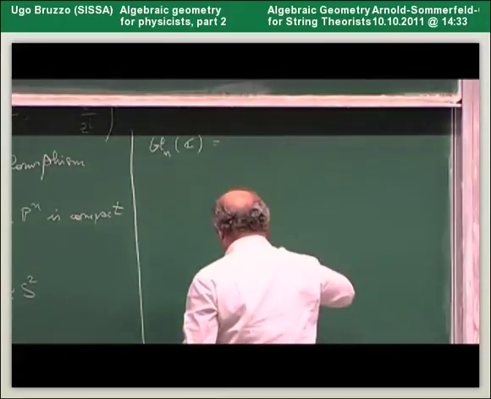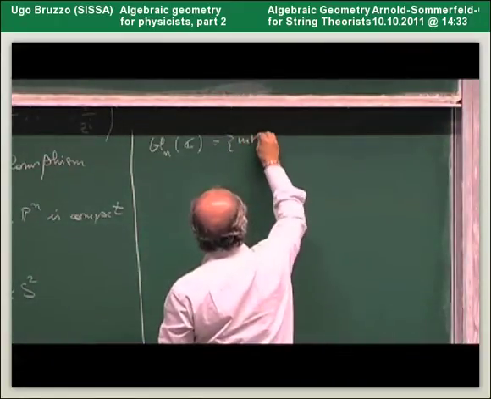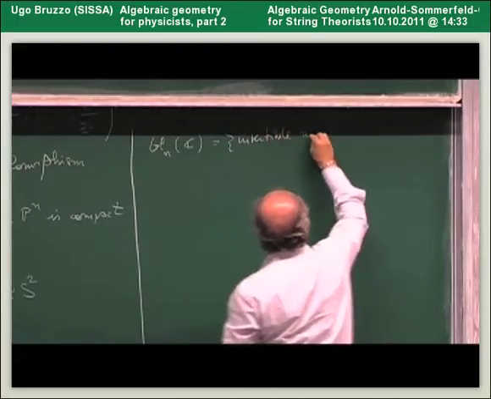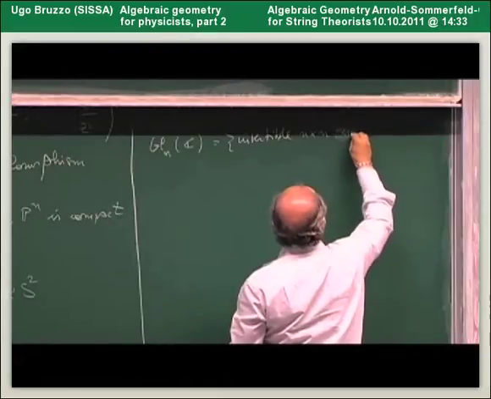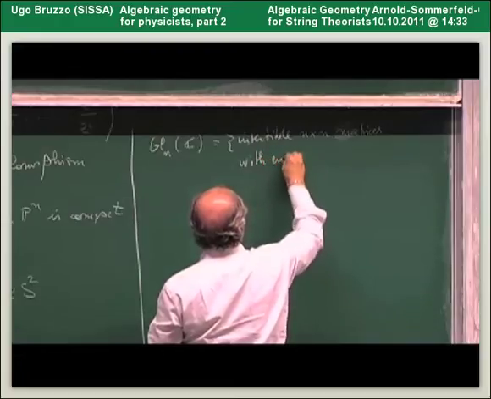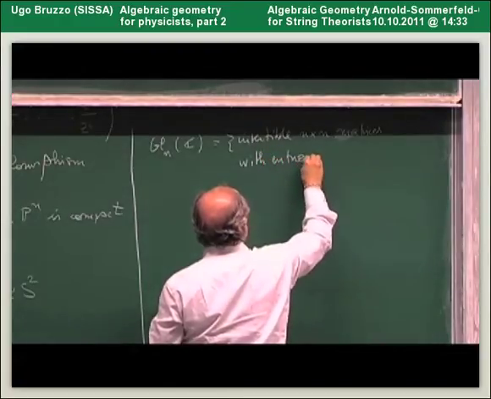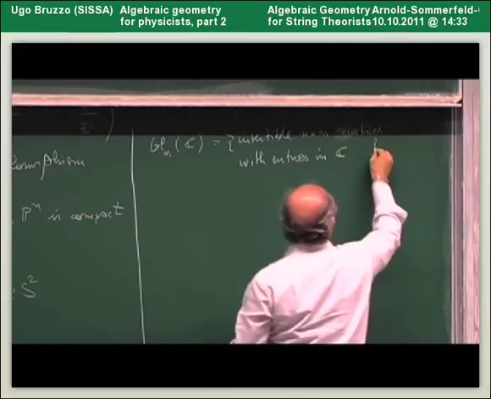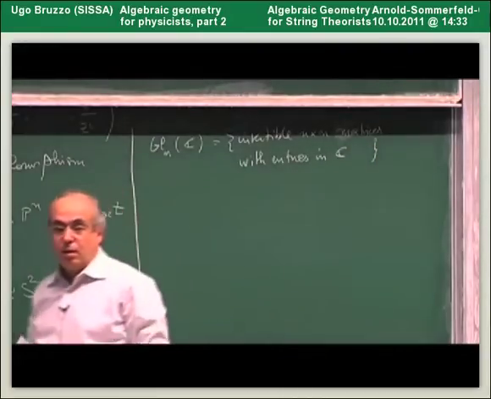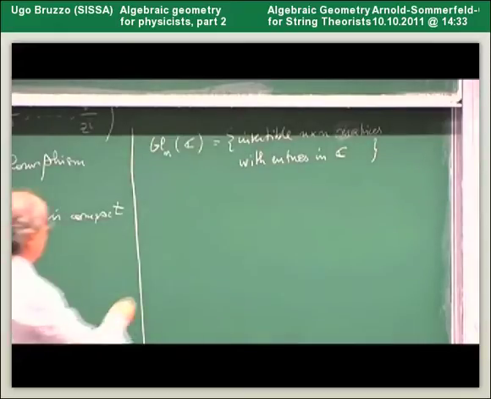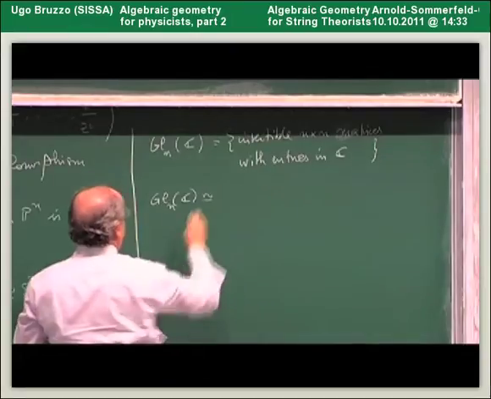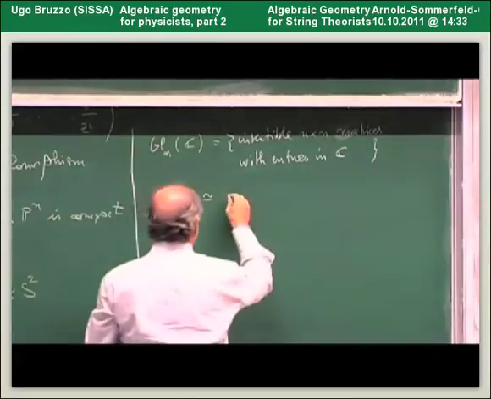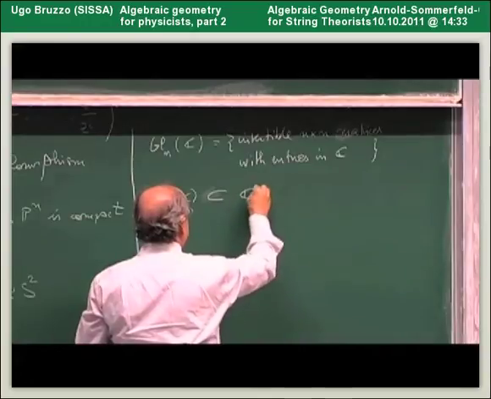So these are the invertible n times n matrices with entries in C. Actually, it's not difficult to realize that this is an open subset of C^(n squared).